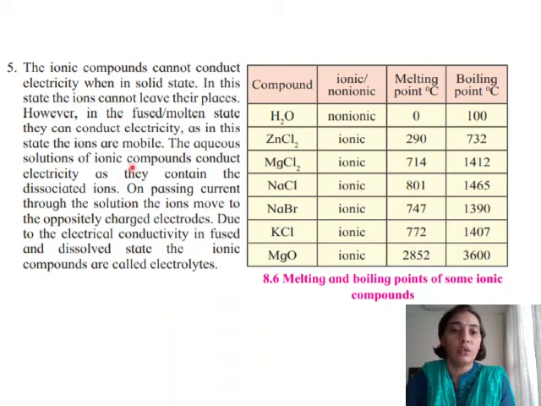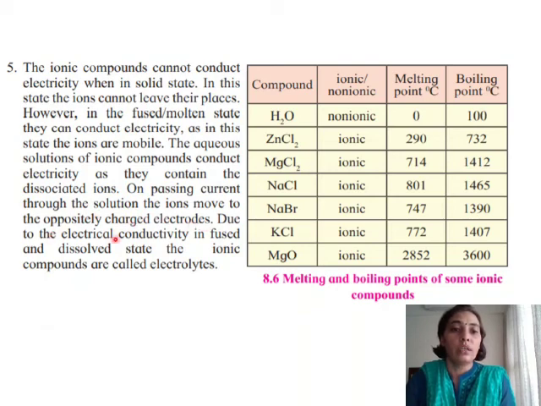The aqueous solutions of ionic compounds conduct electricity as they contain the dissociated ions. We have already seen the activity, and in that we know how they dissociate when dissolved in water, and they can easily conduct electricity. On passing current through the solution, the ions move to the oppositely charged electrodes.